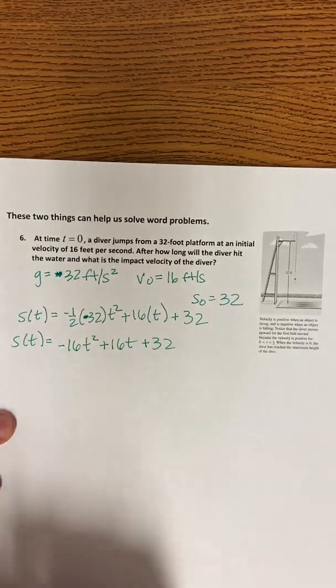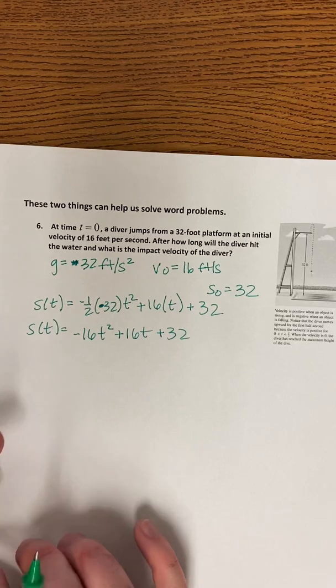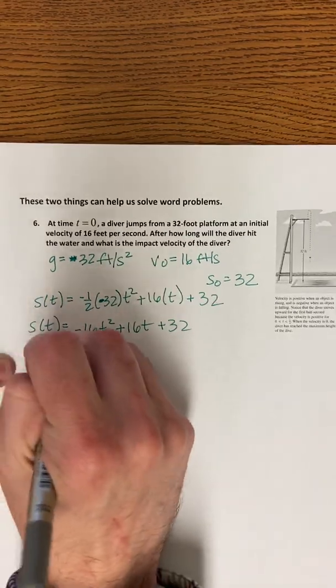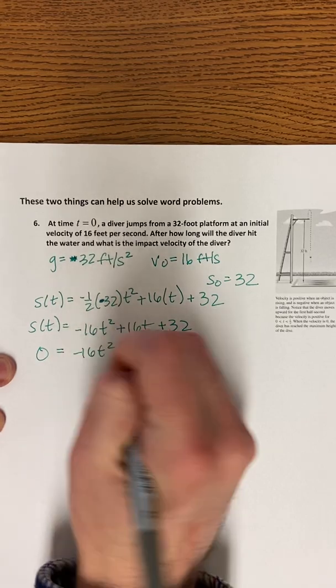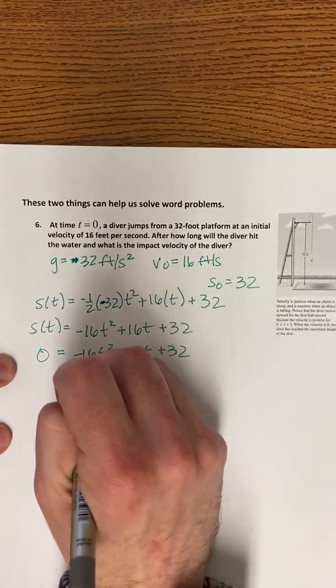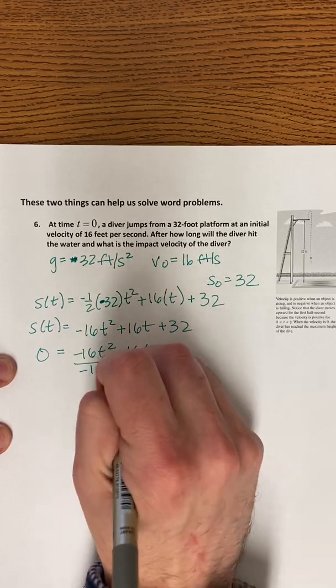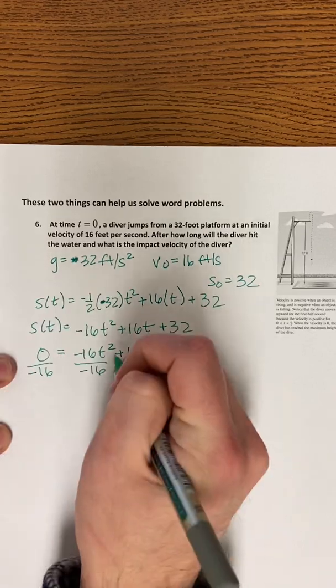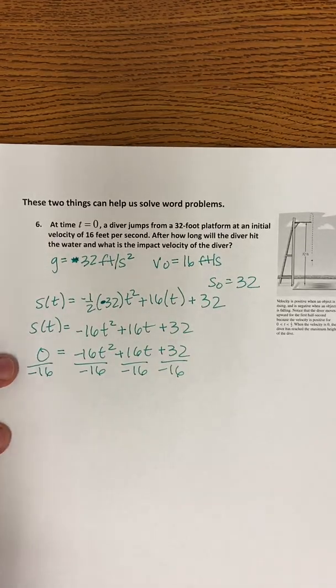Now what they want is when the diver will hit the water. That means when the height, or s of t, is equal to 0. Now lucky for us, these are all multiples of 16, but I'm going to divide by negative 16 because I would prefer my leading term to be positive.